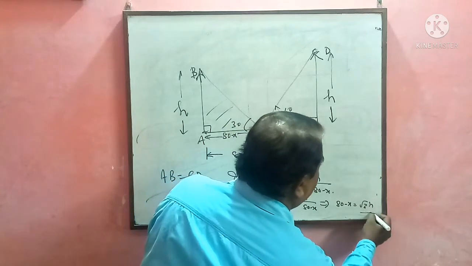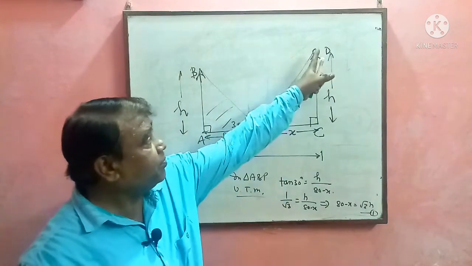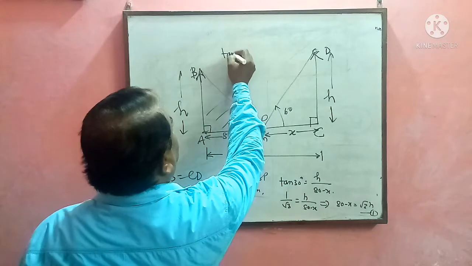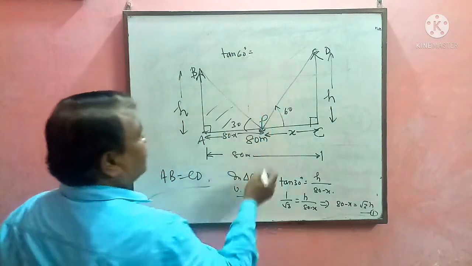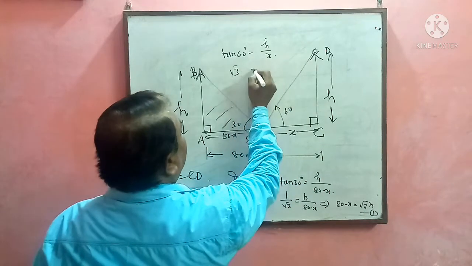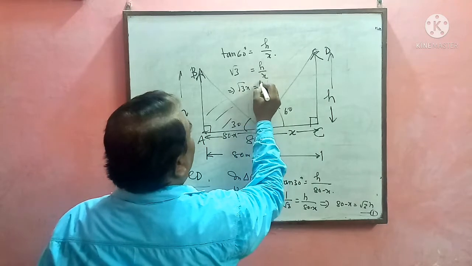Let it be here. Okay. Now consider the other triangle DPC and use again trigonometry. Here I will use tan 60 degree. This is h upon x. This is root 3 is equal to h upon x, or root 3 x is equal to h.